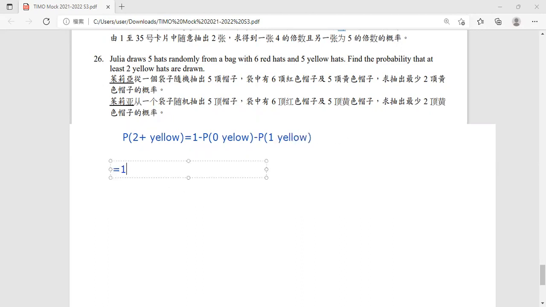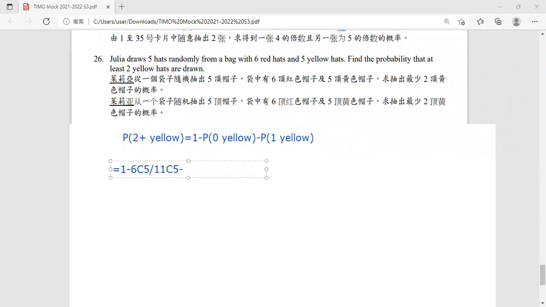So that is equal to 1 minus P(0 yellow), no yellow hex, which means all the hex are red, so 6C5 over 11C5.